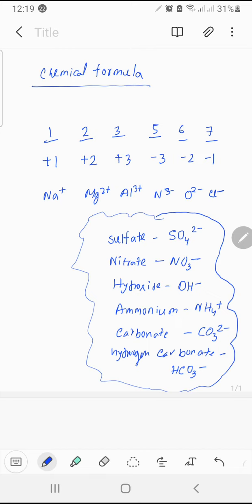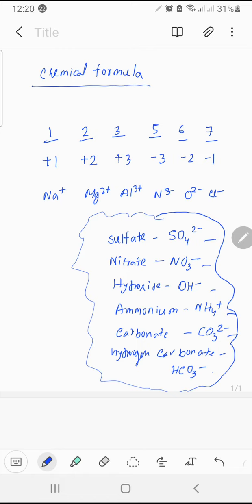Let me help you in some cases: CO3 and SO4 are 2-, and nitrate, hydroxide, and bicarbonate or hydrogen carbonate are -1, and ammonium is NH4+. If you can write 100 times in a copy, you would know that you know everything that you have to know to write the chemical formula.